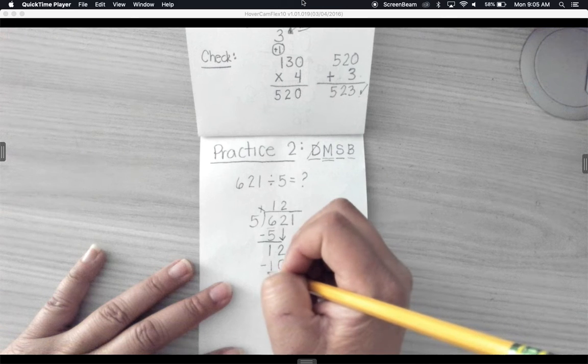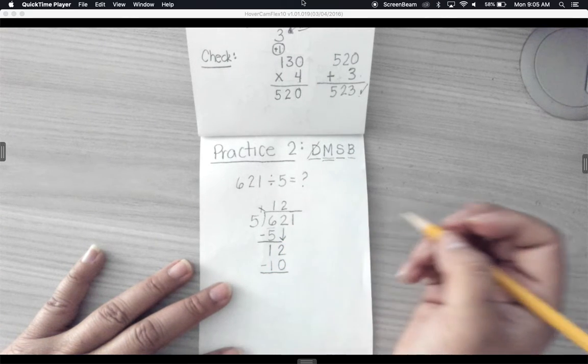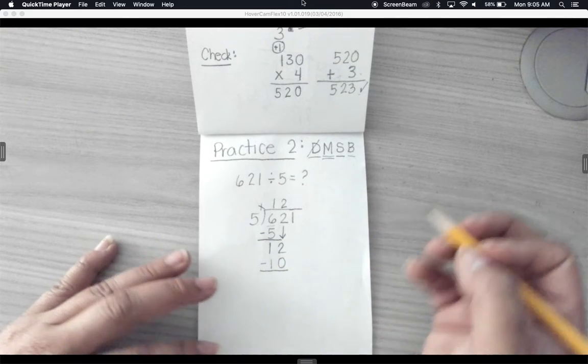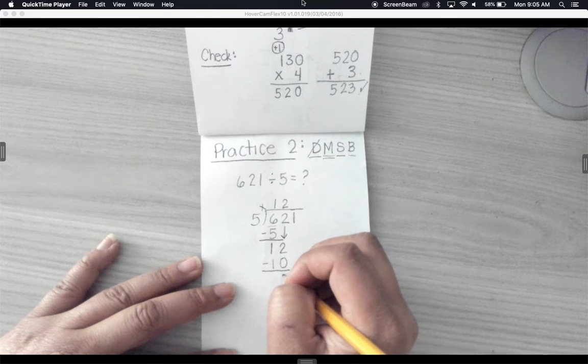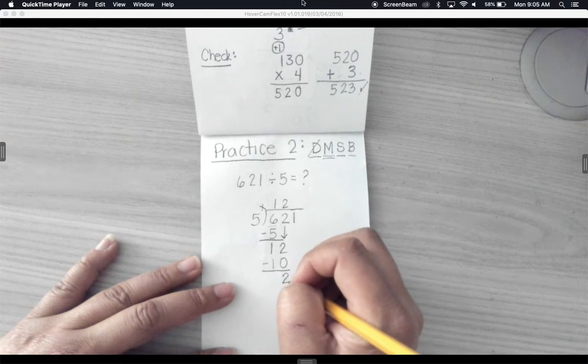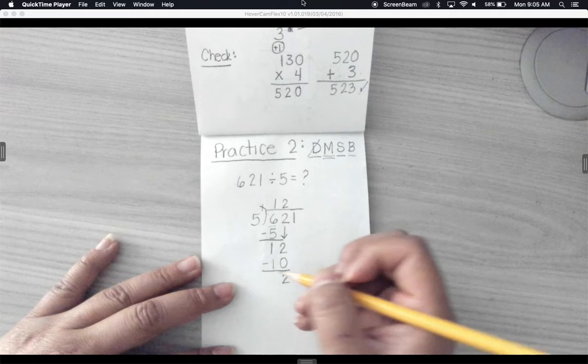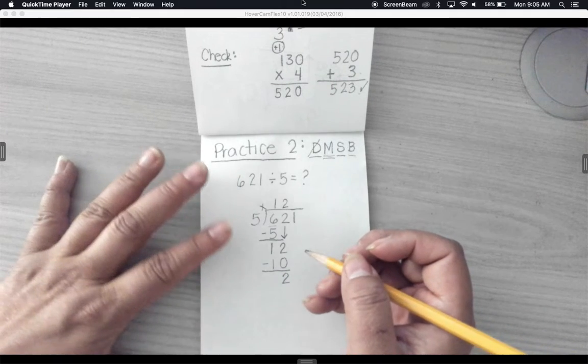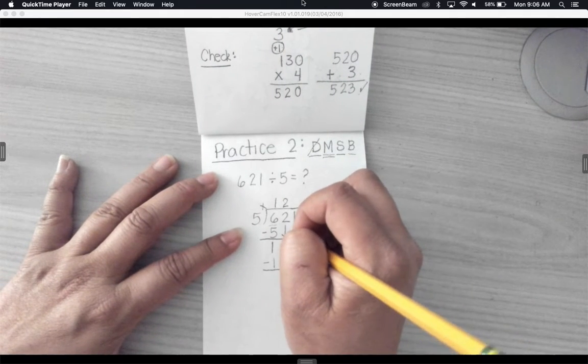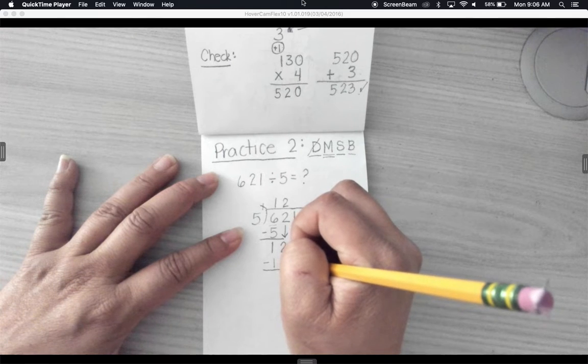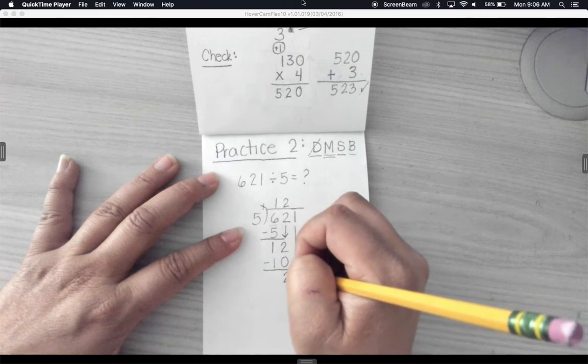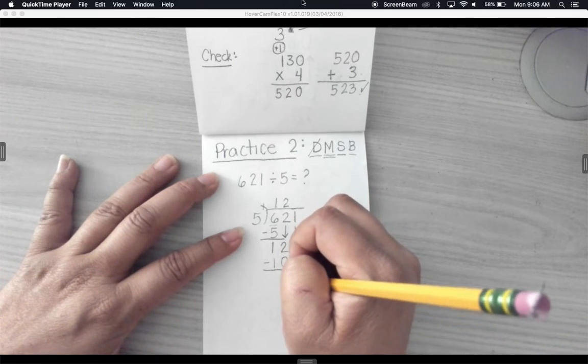And now sister says, all right, 2 minus 0 is 2. And 1 minus 1 is? Do I need to write the 0? No. Brother, wait. You're not finished yet. Brother tells me, bring down the 1.